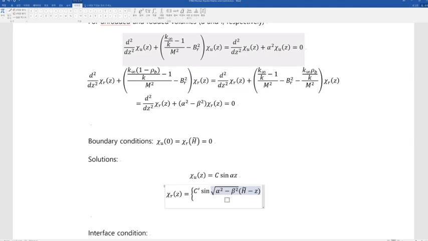So if it has the form of some constant multiplied by sine of the square root of alpha squared minus beta squared times h minus z, where h minus z is the distance from the upper boundary, then at z equals h the function is sine 0, which is 0.